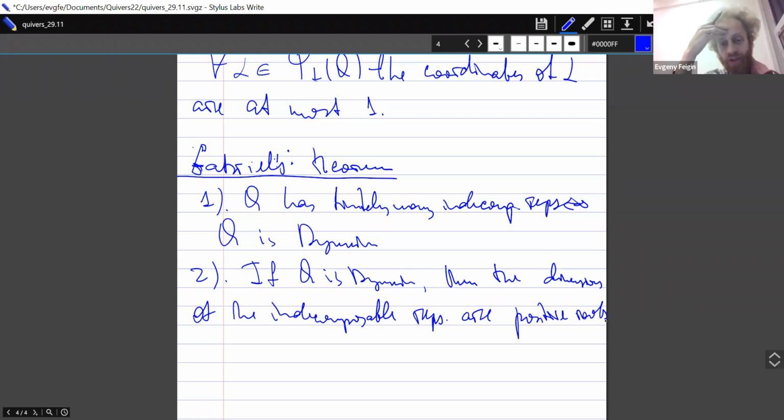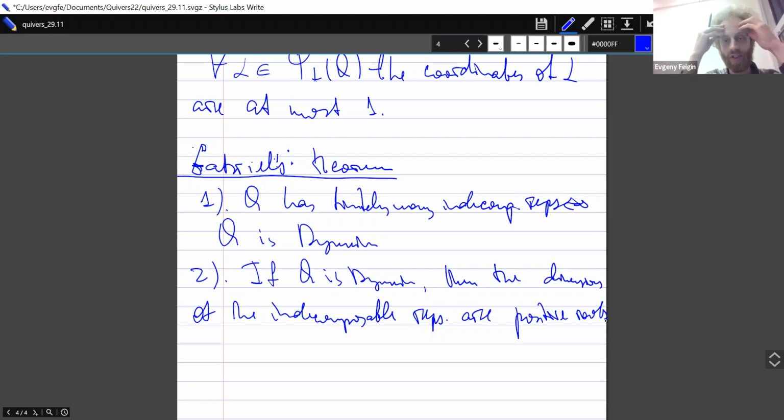So the number of indecomposable representations is the number of positive roots, and moreover, the dimensions are exactly the, well, a dimension of a representation is a collection of numbers, and these are exactly positive roots.